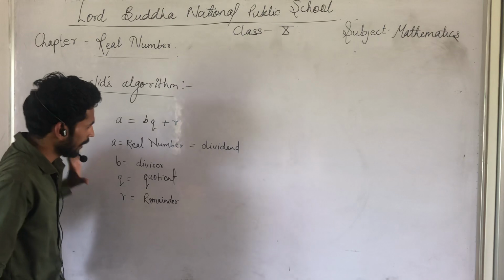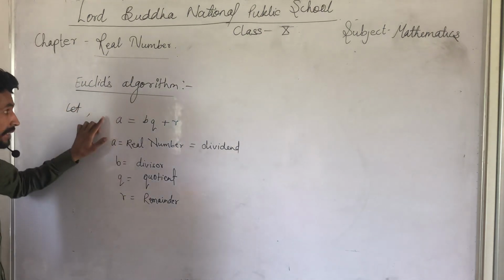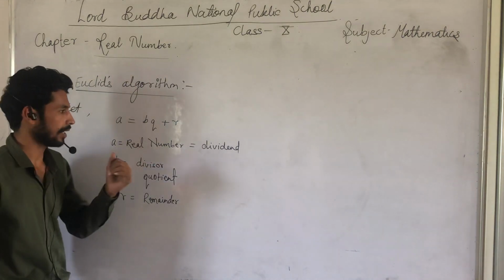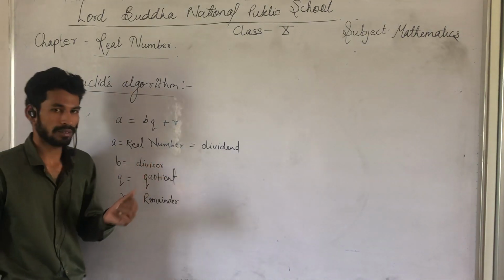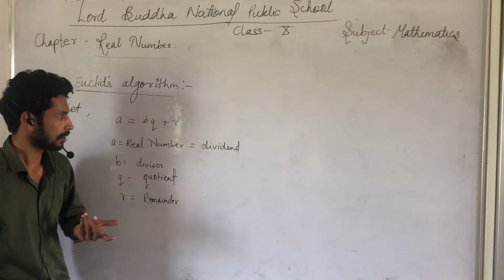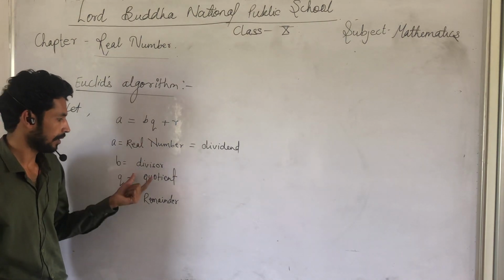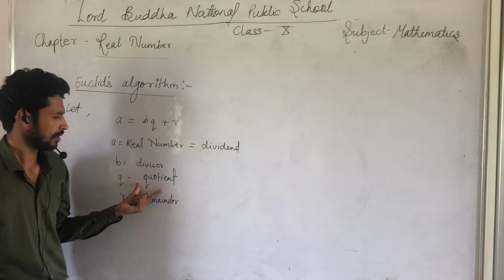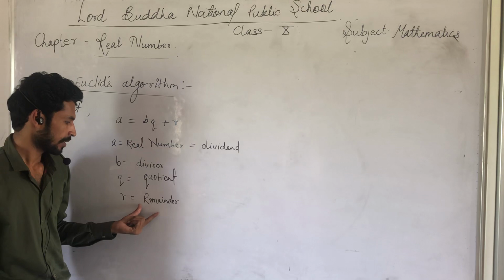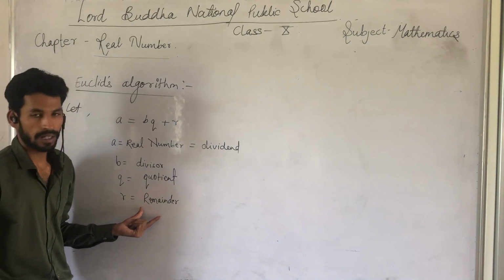Why do we study Euclid's algorithm? Because suppose we have a real number and by dividing it by a particular number we can find a quotient, and in some cases a remainder can be found.